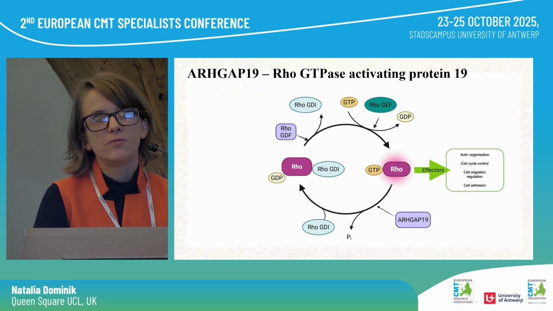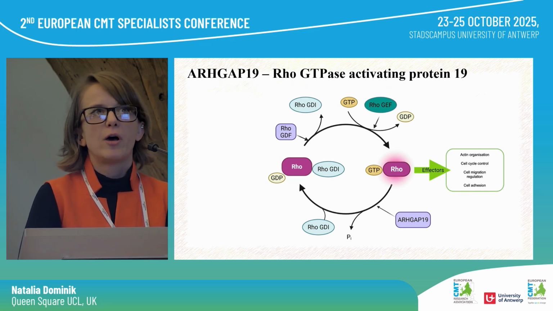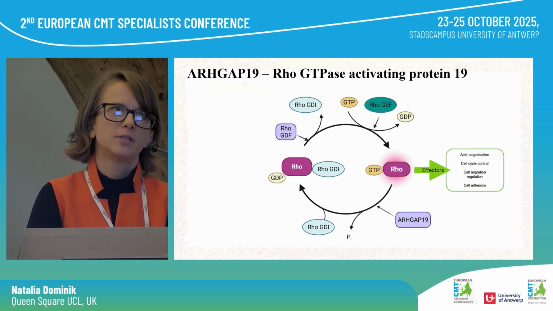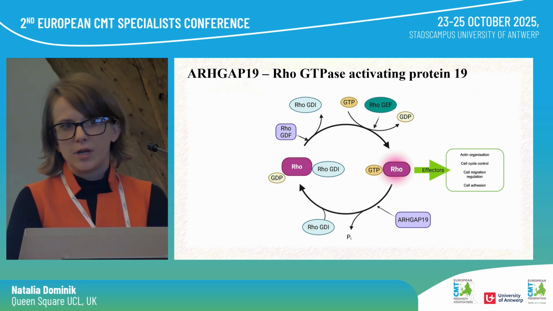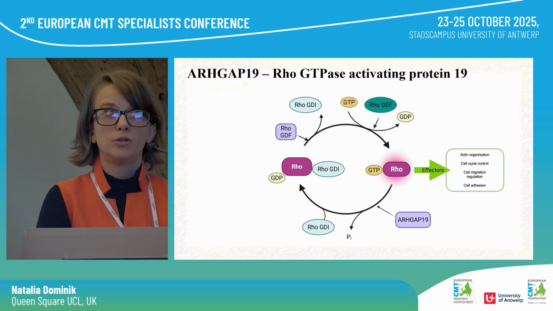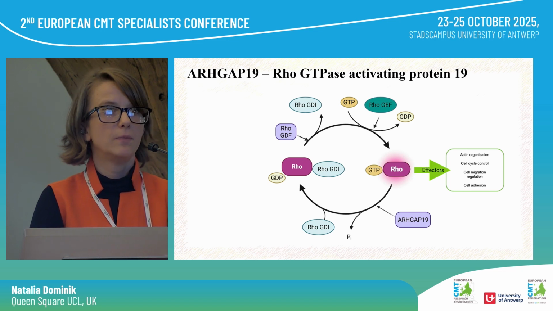When they're in their active form, they can go on to activate many different effectors, and RHO-A can activate effectors with roles in actin organization, cell cycle control, migration regulation, and many others. RHO-A is really tightly regulated by many regulatory proteins, GDIs, GEFs, and those GAPs that we're talking about today.